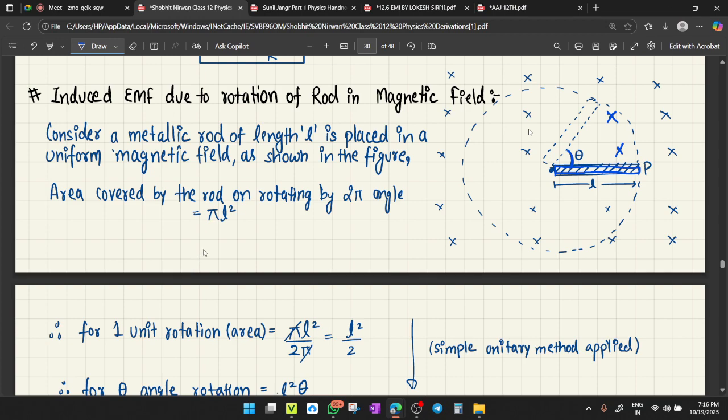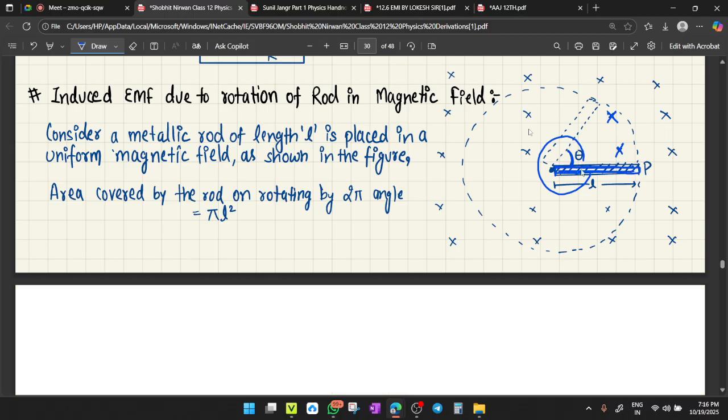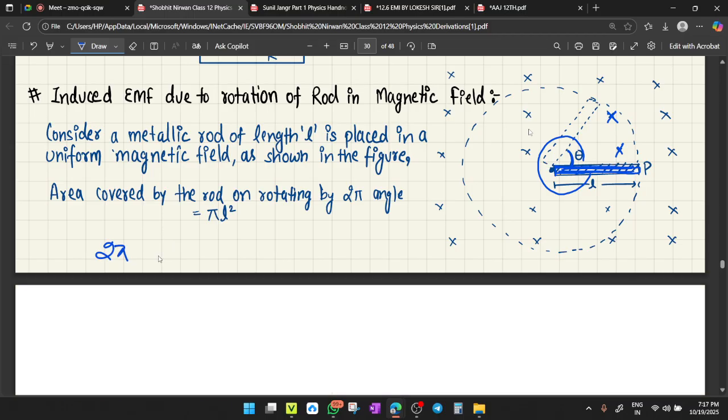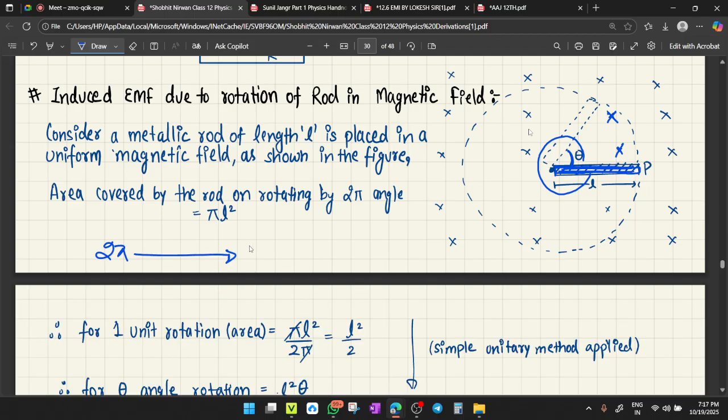Now the area covered by the rod for making a 2 pi angle: if the rod completes the angle 2 pi, this means 360 degrees, then the area swept by this rod equals pi r square. In place of r square, there will be L square. Agree? So for the 2 pi rotation, the change in area is pi L square.